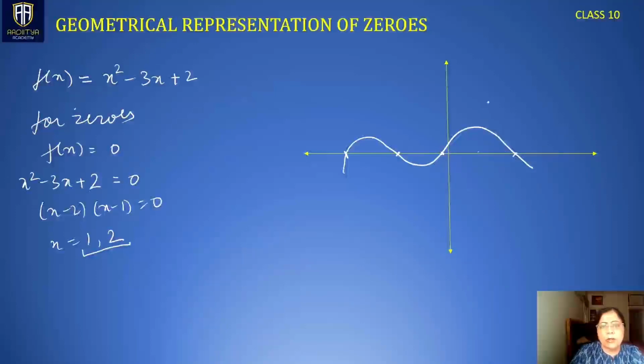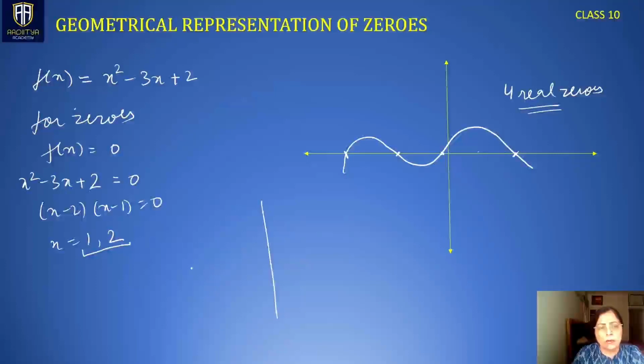So this polynomial has got 4 real zeros. Right? So I want to say that the number of zeros can be found by checking in a graph how many times it is cutting x-axis. Here in this graph, it is cutting 4 times. So this has got 4 zeros.